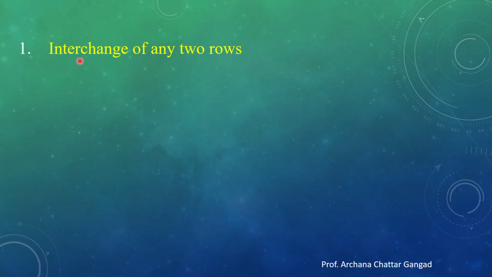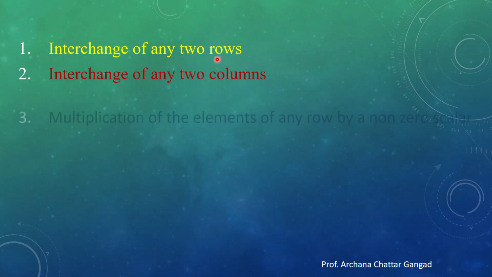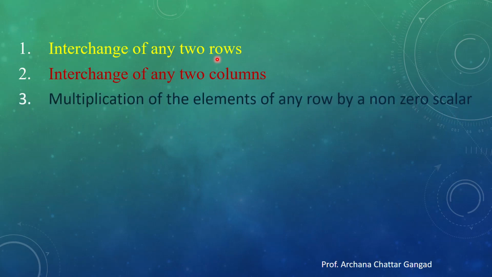First one is interchange of any two rows. Second elementary operation is interchange of any two columns. Third elementary operation is multiplication of the elements of any row by a non-zero scalar. Multiplication of the elements of any column by a non-zero scalar.